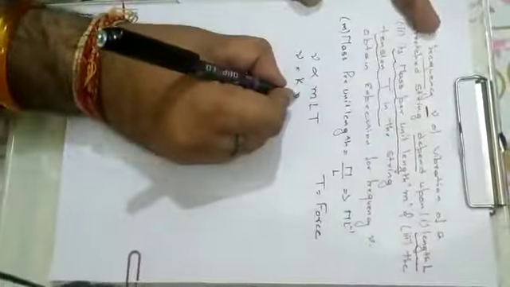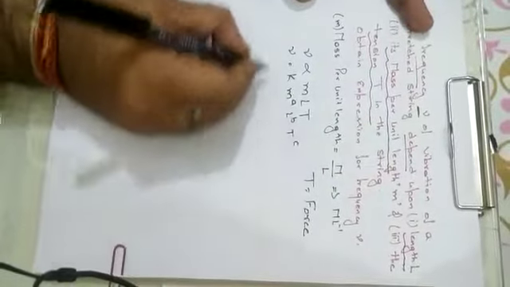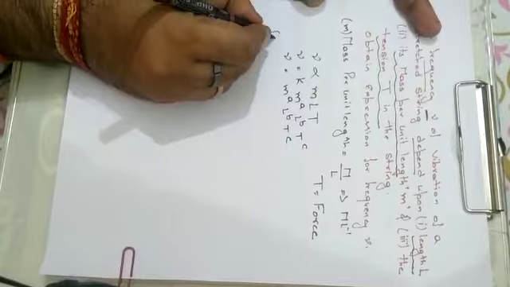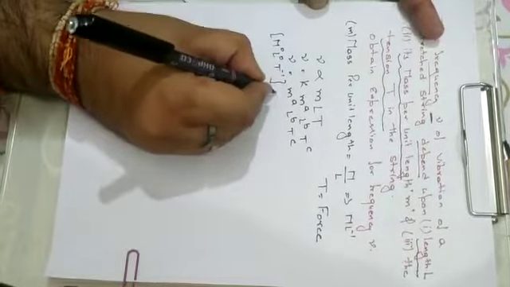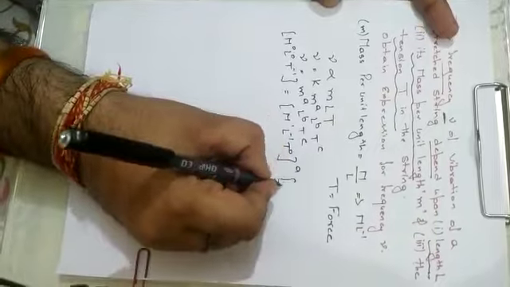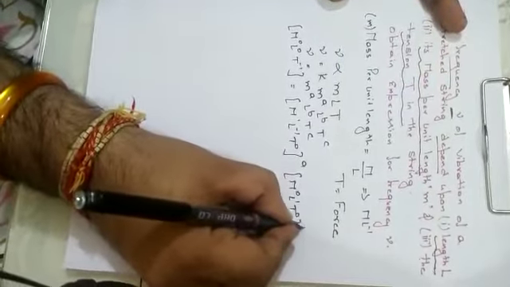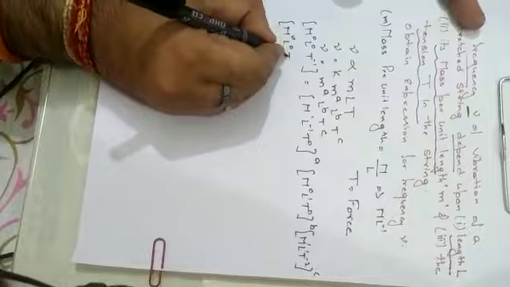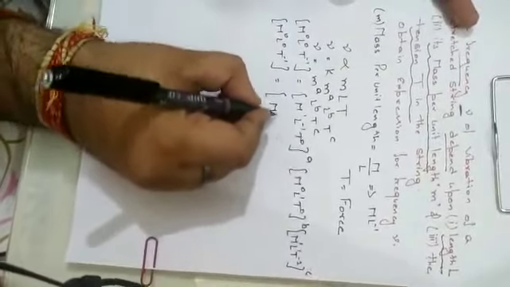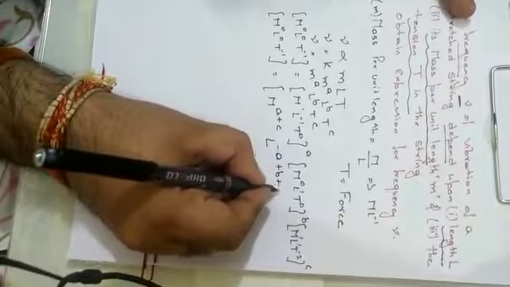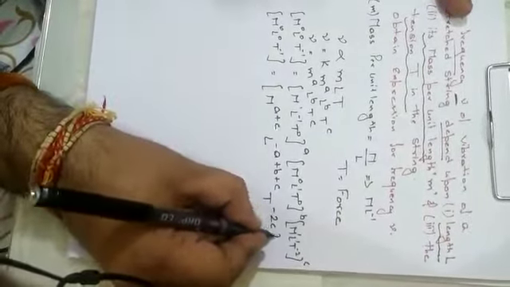Step 2, step 3, applying dimensions: M raised to power a + c, L raised to power -a + b + c, and T raised to power -2c.